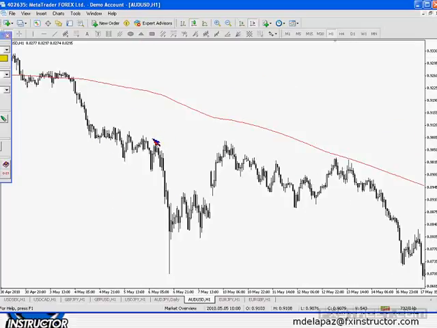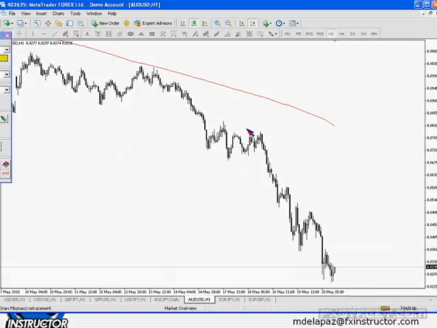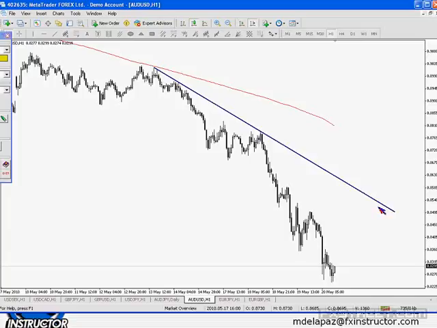But I think we can do one here. Let's think of this as our primary reference now for the sell-off, our main trend line. So we will try to come up with channel lines based on this main trend line.